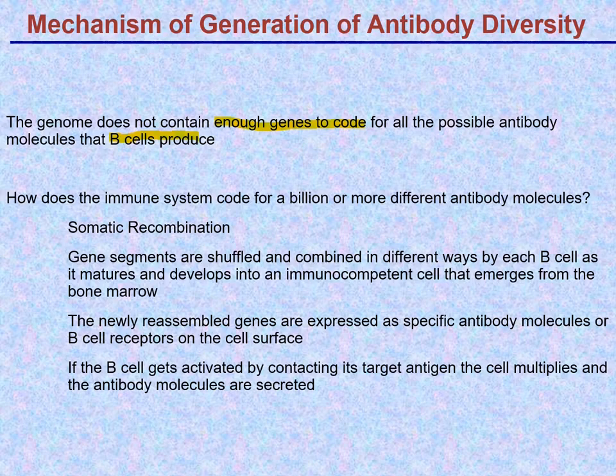But this is a random process, which gene segment is chosen. They get shuffled, well, shuffled's not the right word, but they get recombined into a newly assembled gene, and that will express or code for a particular specific antibody molecule.